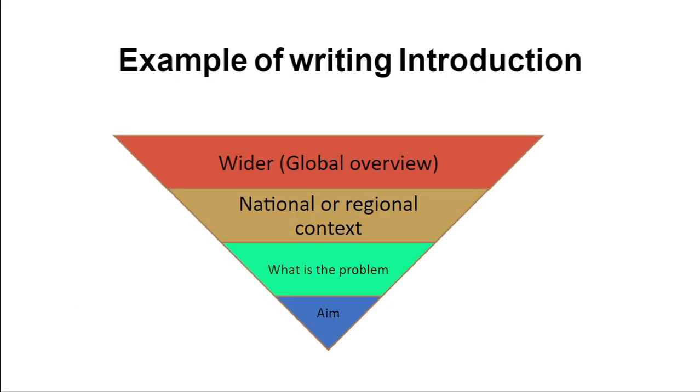While writing the introduction, we follow the inverted triangle. First, we mention the wider or global scenario of the present information, the information that we have in hand at the current status. Then we mention the information present in the national or regional context.